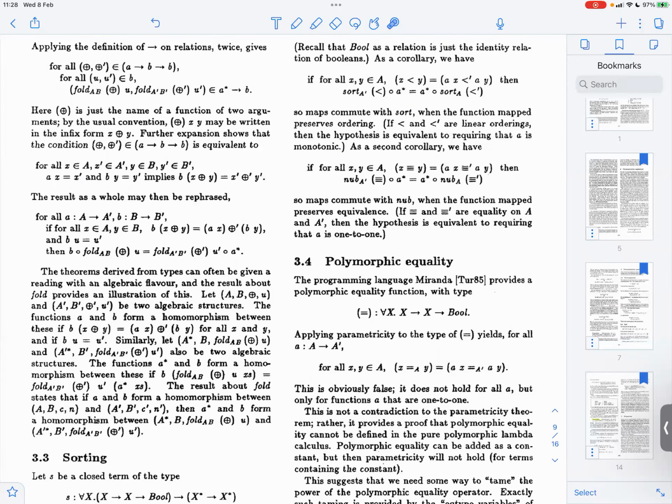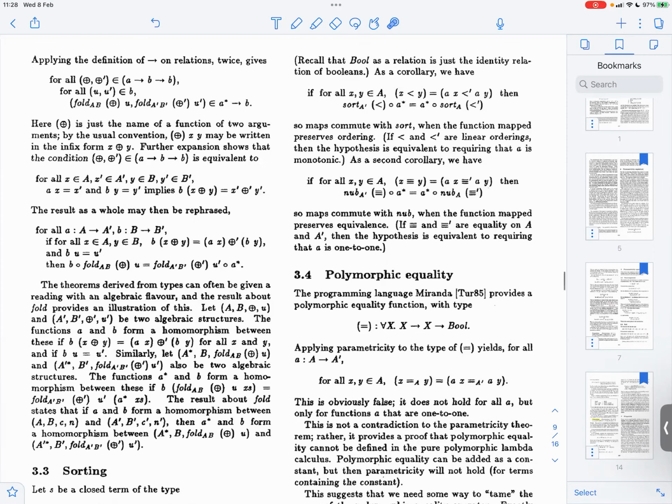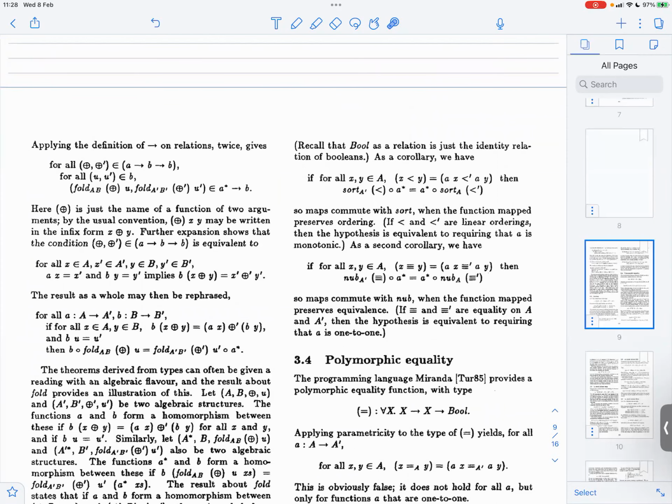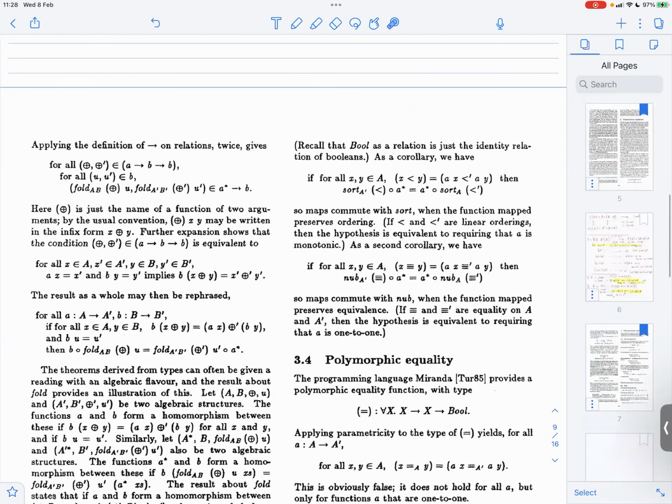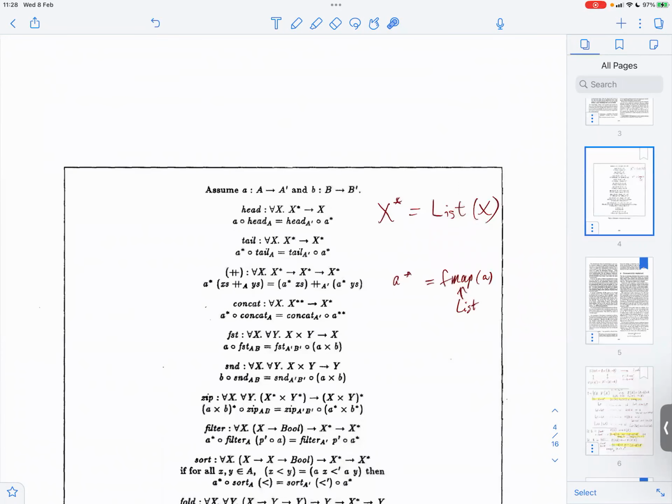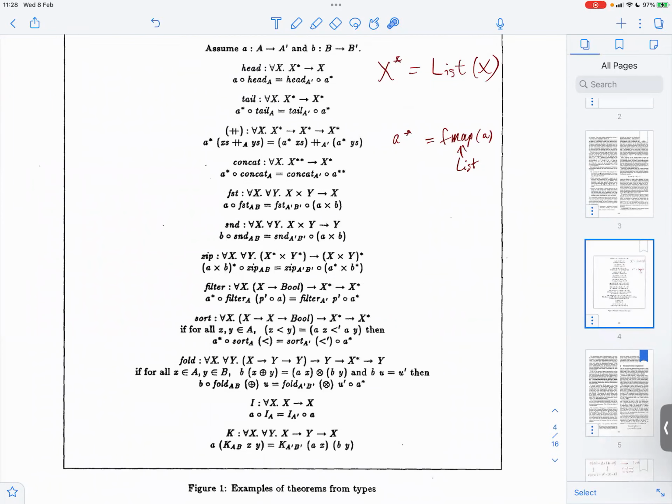So another thing that this paper does not explain is that sometimes the theorems are just simple equations. So let me show examples here. Sometimes they're just simple equations, but in other places, they're not simple equations, they're more complicated. So for like here, if for all x something holds, then this holds. So it's not just a simple single equation for the function sort, but this just a simple equation for the function concat.